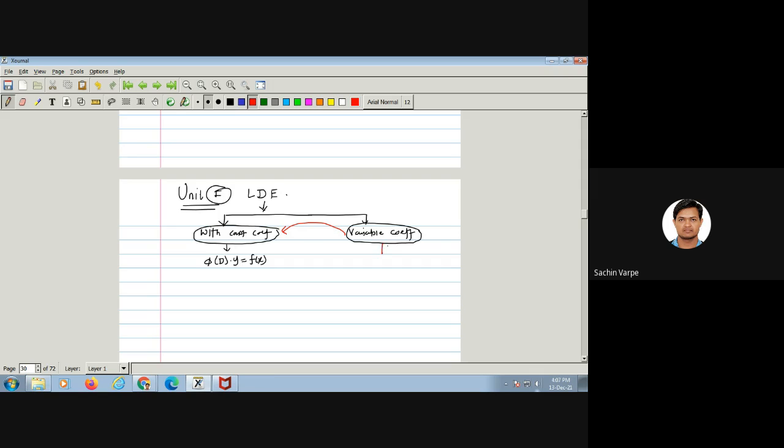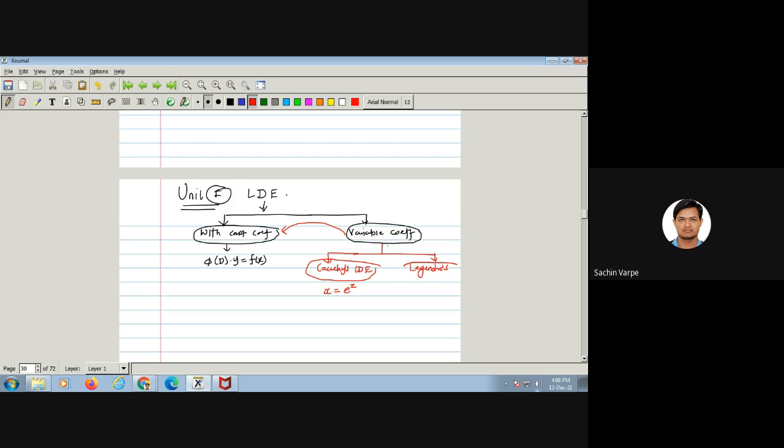There are two methods we have discussed in this. One is Cauchy's LDE and the second is Legendre's LDE. Cauchy's LDE is based on the coefficient. If the coefficient is powers of x only, then that is Cauchy's, and we substitute x equal to e to the power z.